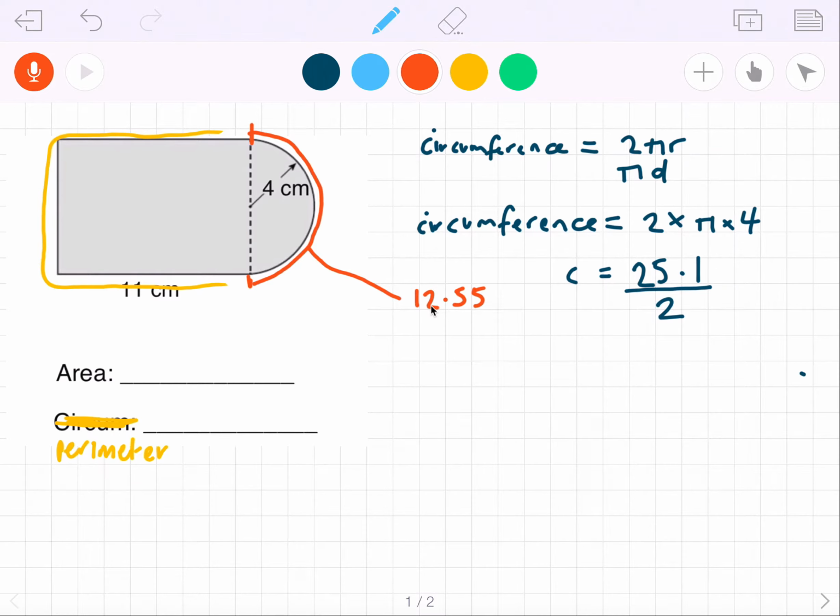To one decimal place that would be 12.6. So we've just worked out the circumference of this, which is 12.6.